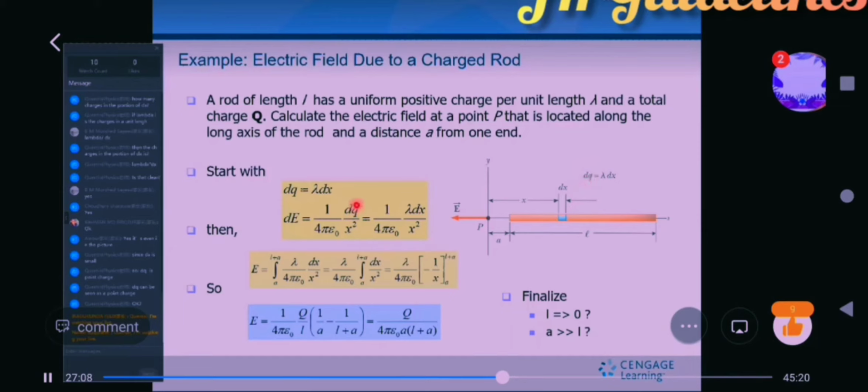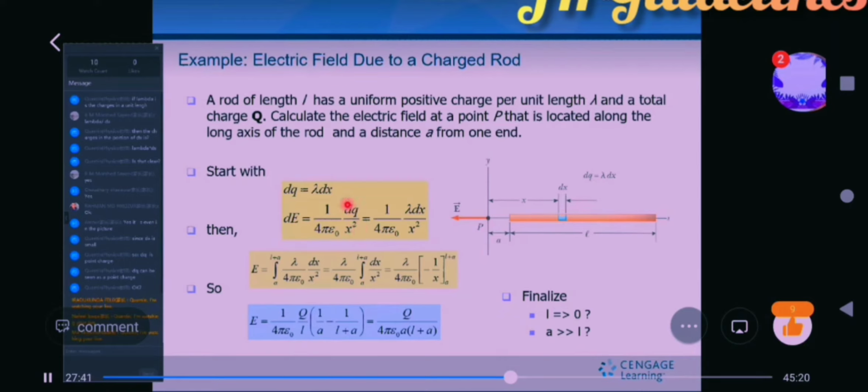So for the point charge dq, it will have an electric field with this magnitude, dE, which is Ke times dq divided by R squared, where R is the length from this dq to point P, so divided by x squared.